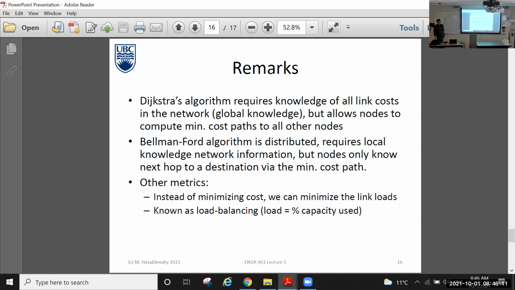The cost of 3 is 2, and the link length is 1. So it will be 3 through 3. We have the minimum between 4 via 1 and 3 via 3. Which one will we select? 3 via 3. Okay, and node 3 will not change.